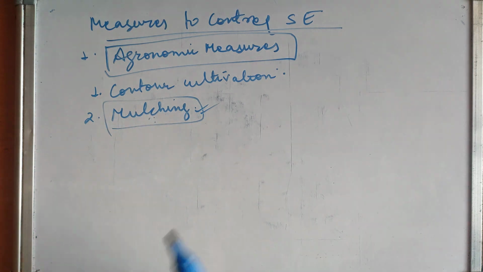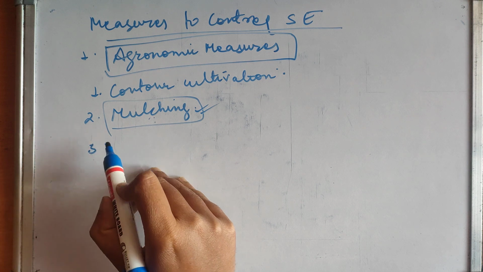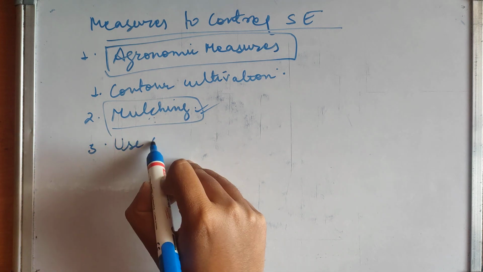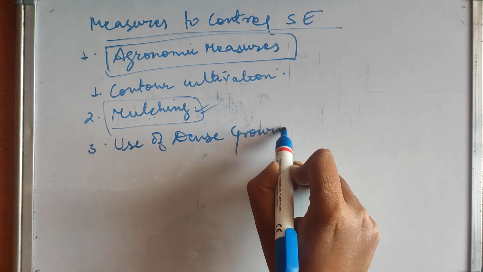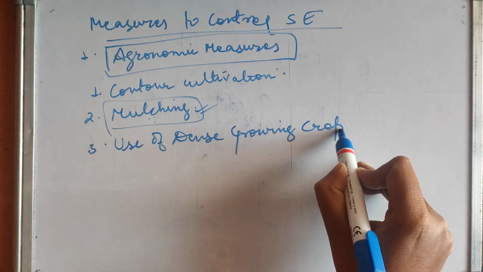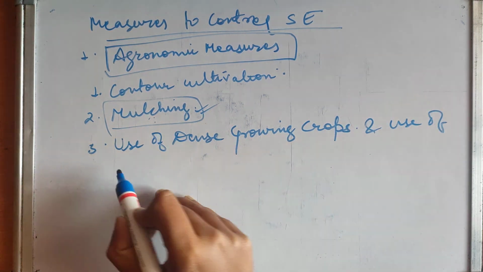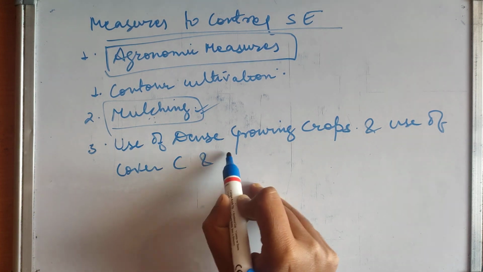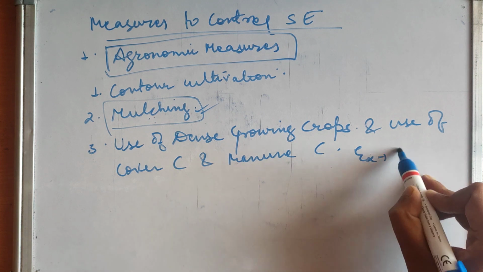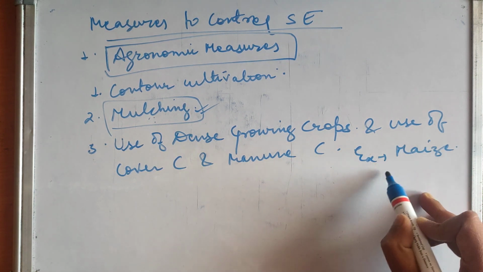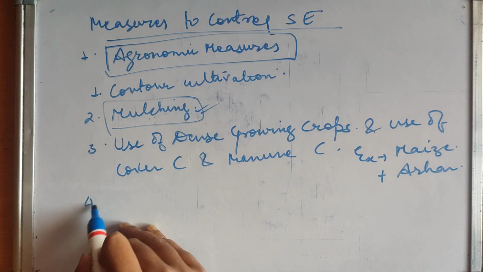I hope I have taught you mulching in the previous lectures. I hope you all understand. Use of dense growing crops, and use of cover crops and manure crops. Example, maize plus other. We can do strip cropping.